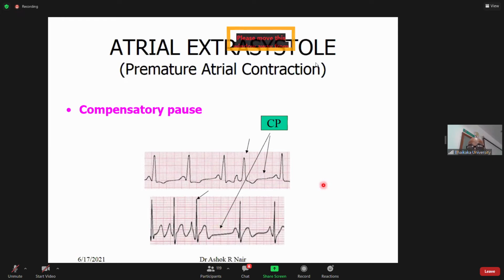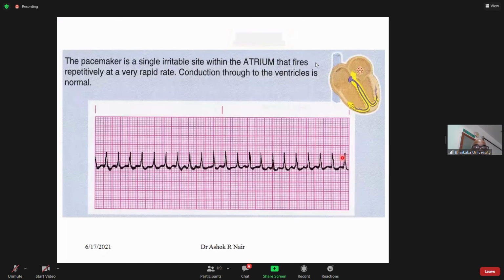It's good to know. Nobody will ask you in exams, but if the ectopic focus is generating many impulses and they are conducted, you will find a repetitive rapid rate of conduction, a kind of tachycardia.